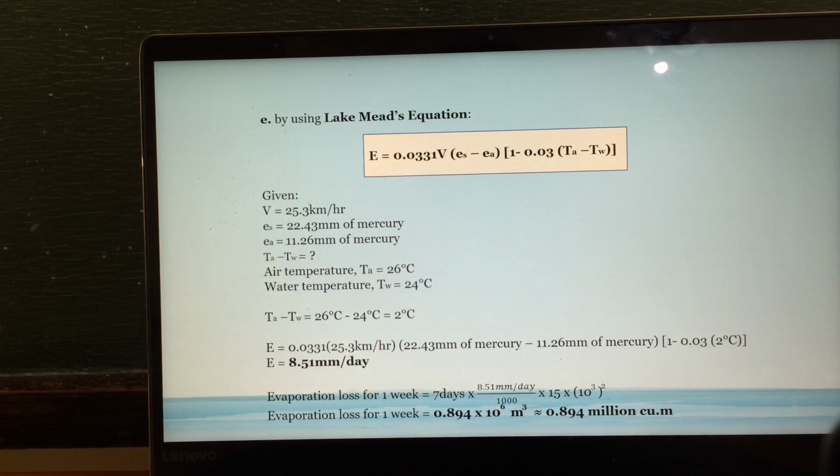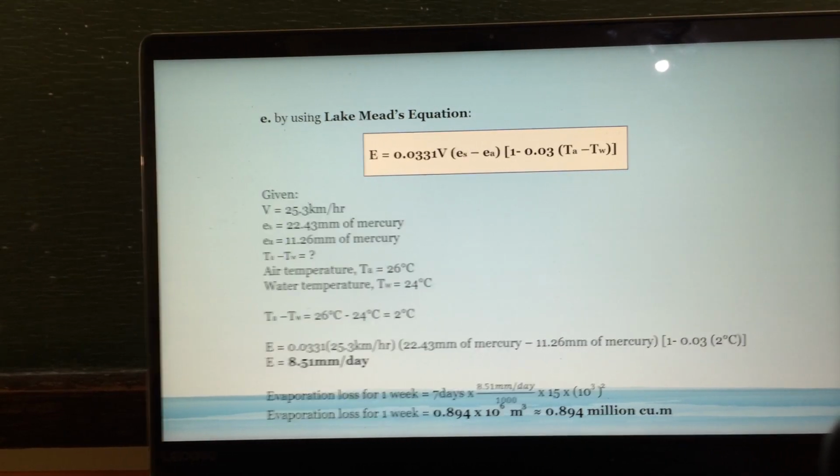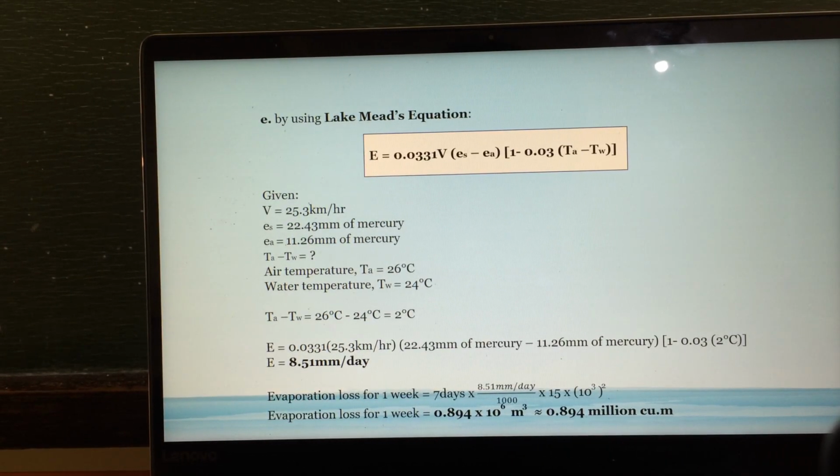Air temperature T sub A is equal to 26 degrees Celsius. Water temperature T sub W is equal to 24 degrees Celsius. Change in temperature T sub A minus T sub W is equal to 26 degrees Celsius minus 24 degrees Celsius, which is equal to 2 degrees Celsius.